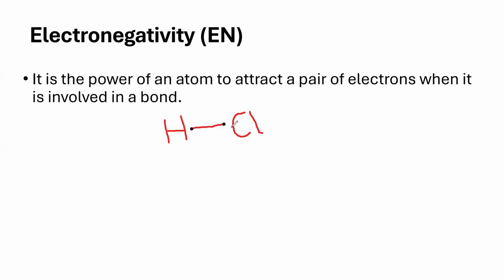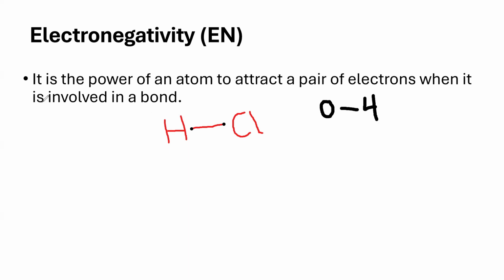The electronegativity is defined as a number from 0 to 4. So atoms have an electronegativity value from 0 to 4.